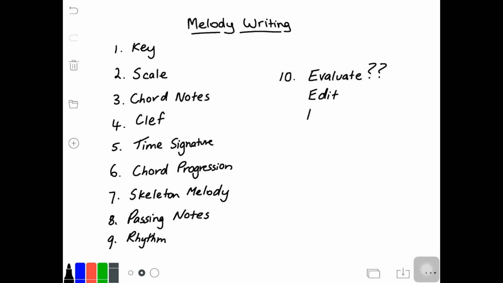If you're happy, maybe publish it using something like MuseScore or Notion. And finally, share it with someone. Learn how to play it on your instrument. Play it for your parents. Email it to a friend. And this may be the beginning of some fabulous melody writing for you.